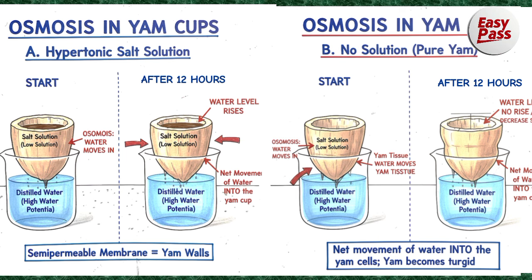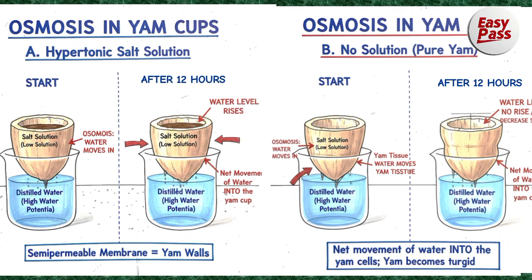The external environment of the yam tissue is acting as the hypotonic solution, while the internal environment, which is the hollow shape created inside the yam tuber, has the salt solution acting as the hypertonic solution.